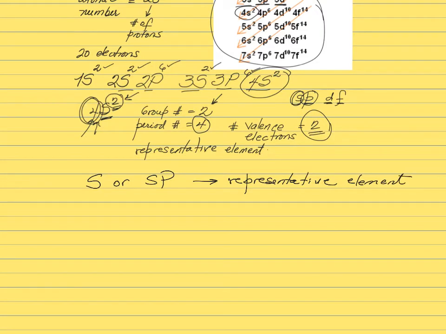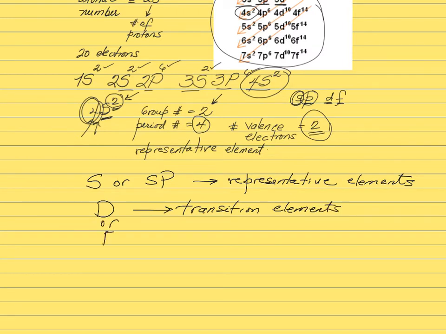When the ending is d, we call that the d block, and they are classified as transition elements.